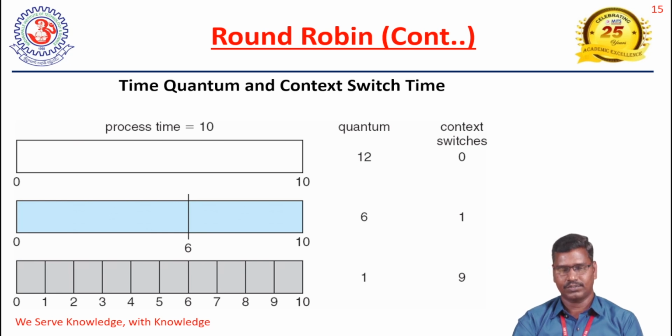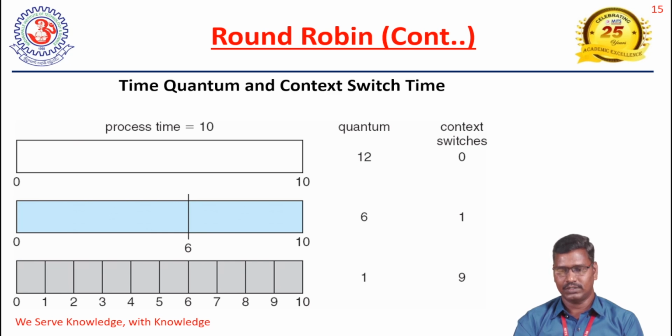And in the second case, the quantum size is 6 only, and the process time is equal to 10. So after 6 milliseconds it will be interrupted and the new process will arrive. So the context switch is 1 only. Next, the third case: the process time is equal to 10, and the quantum is 1 only.